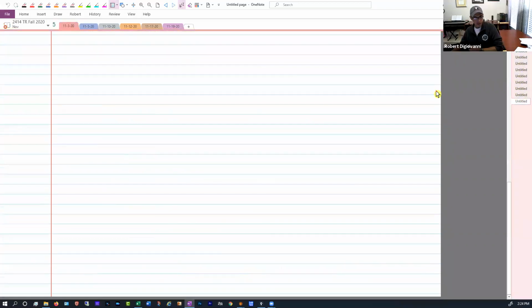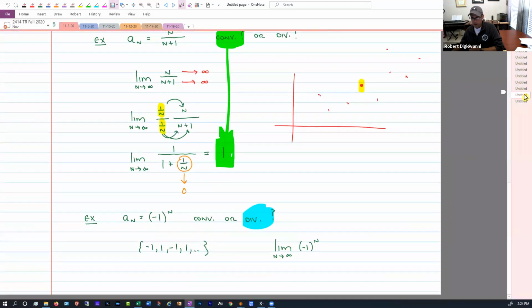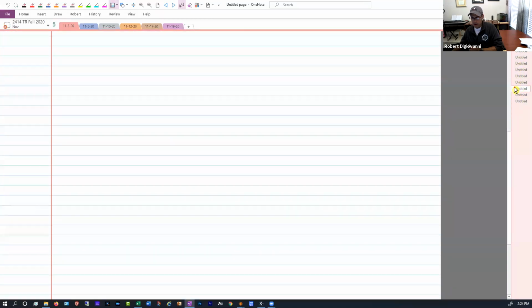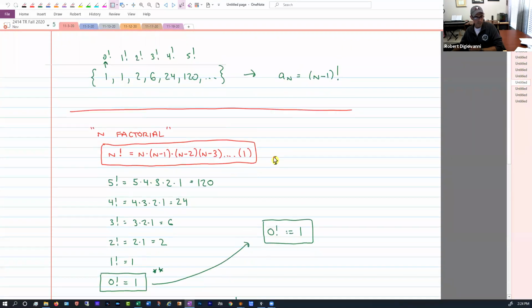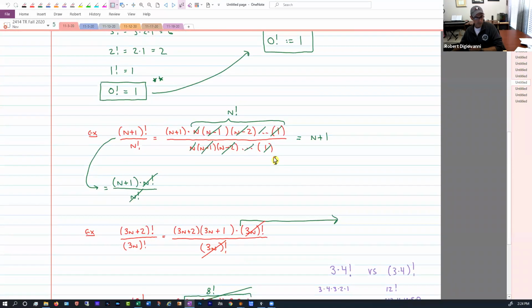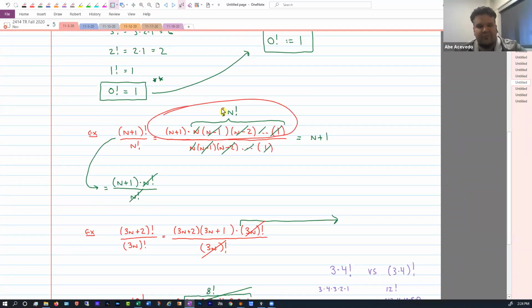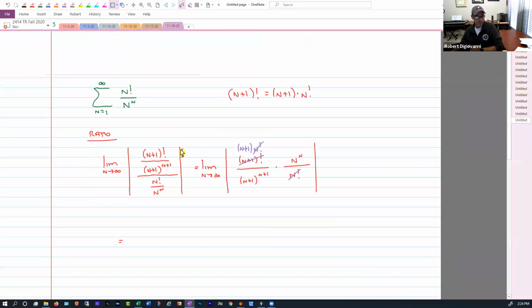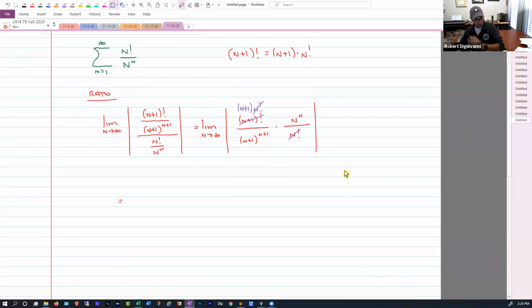I may not have scrolled up all the way. Right before that. There it is. Okay. So you can see that (n+1) factorial over n factorial turns into n+1. That's why I showed it to you back then, because I knew it was coming, right? So here it is. All right, so now we continue.